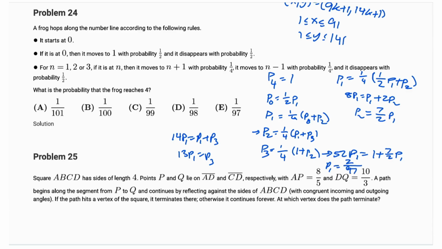And then we can substitute everything. So we have P0 is equal to 1/2 of P1, so P0 is equal to 1 over 97. And so the probability that the frog reaches 4 would be this, which is 1 over 97.